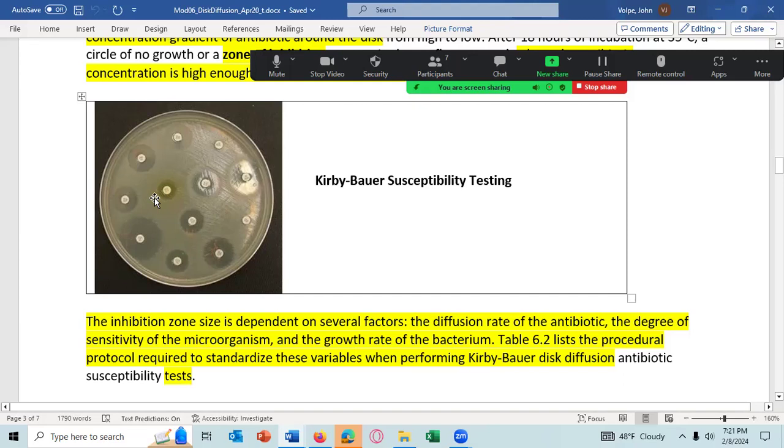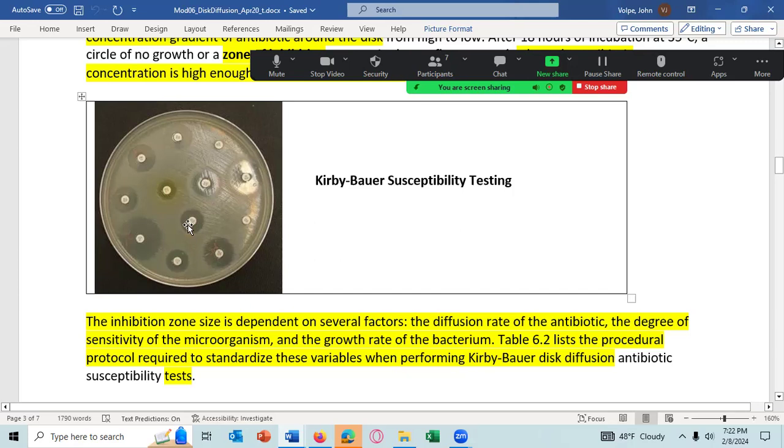The degree of sensitivity of the microorganism can also be a factor. For example, if these two antibiotics had the same molecular weight, and this one was more sensitive, we would see a larger zone of inhibition than the one where the bacteria were not as sensitive to the antibiotic.